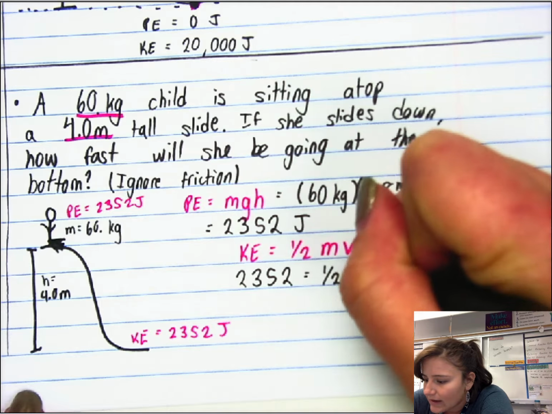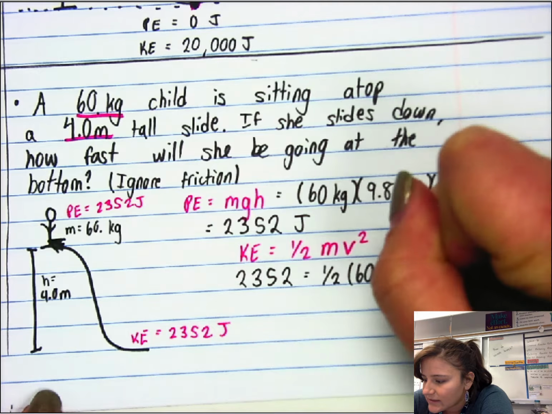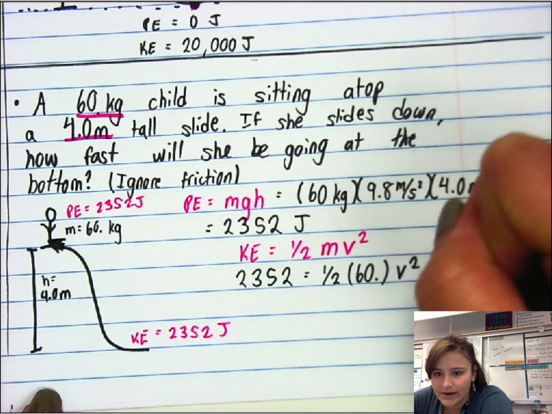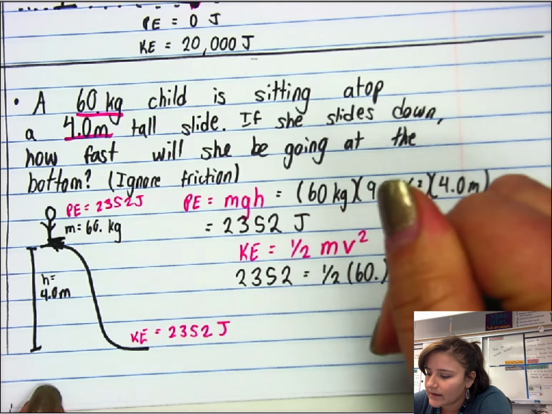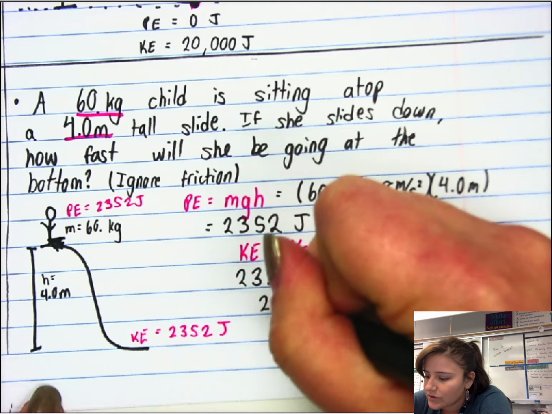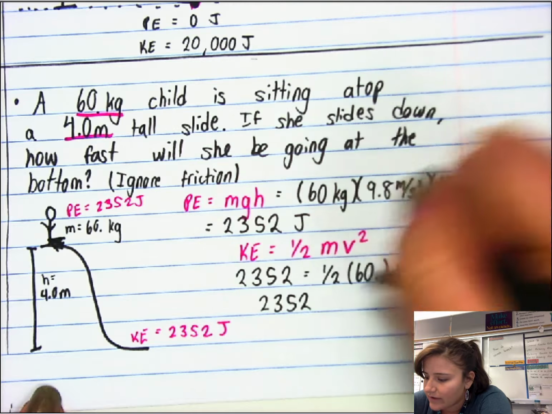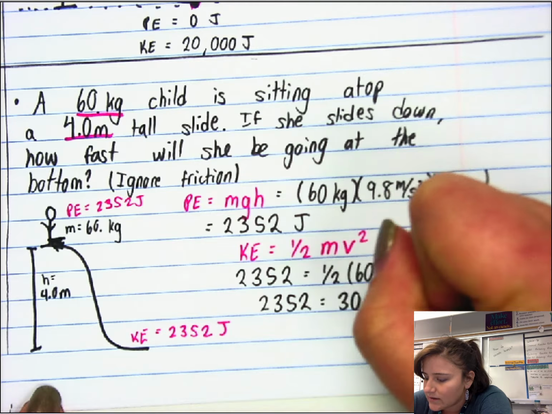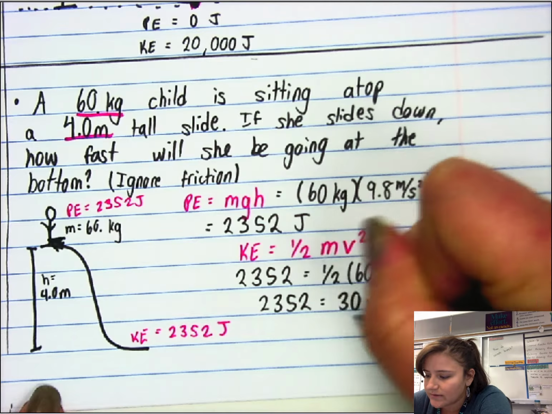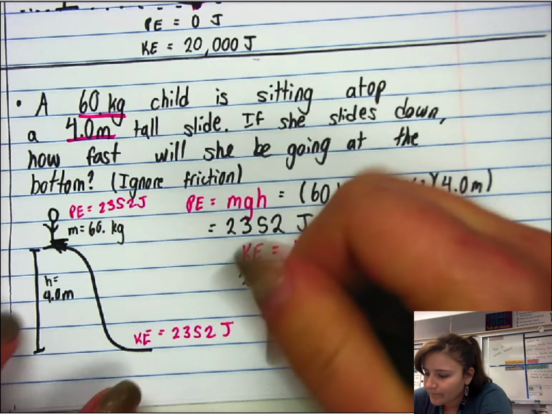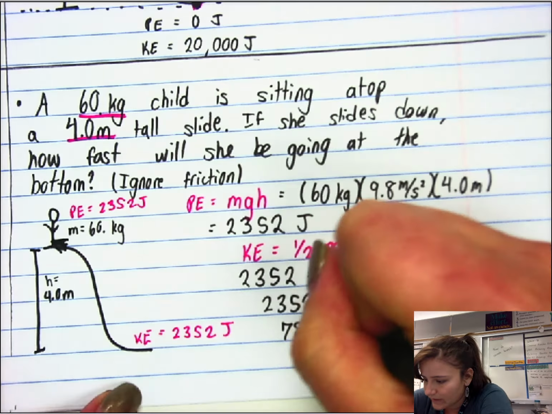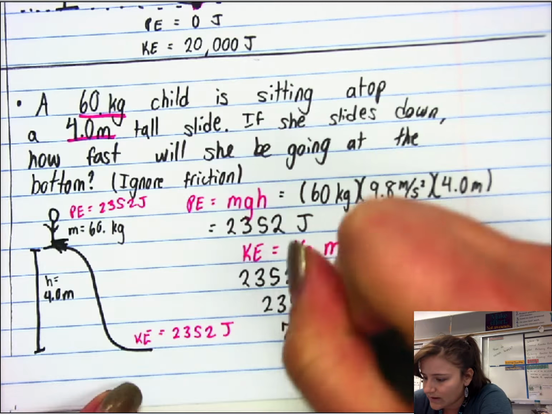2,352 equals 1/2 of 60 times v squared. Okay. So then I have 2,352 equals 30 times v squared, divide by 30, divide by 30. 78.4 equals v squared.